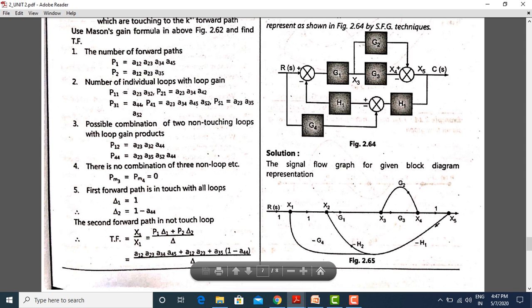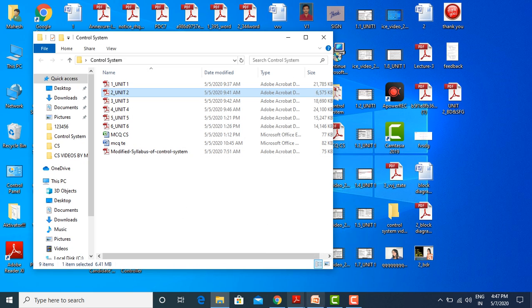And from this point to this, the gain is G4, that should have a minus sign. So I hope you have understood how to convert block diagram to the signal flow graph, and we have discussed many examples of this in the classroom also. So I hope you have cleared with the signal flow graph.